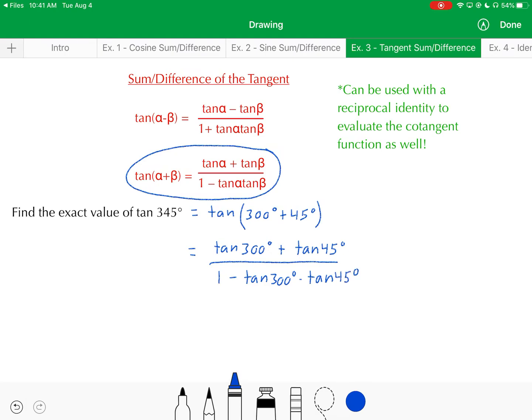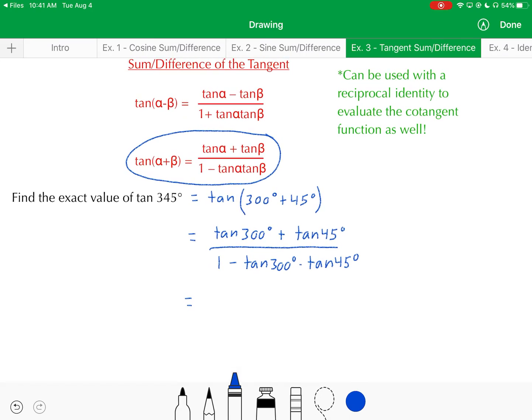All right, so tangent of 300 degrees, again, has a 60-degree reference angle associated with it. Tangent for that would be negative radical 3.